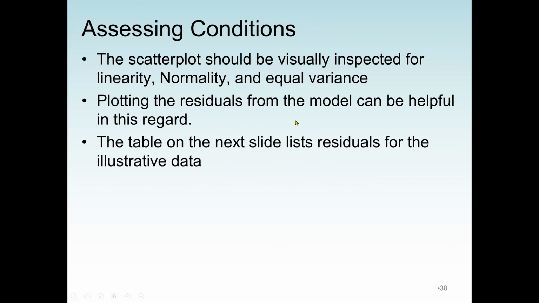Plotting the residuals from the model can be helpful because we will see the predicted Y values and the actual Y values, and the difference of each one, and we will see everything.